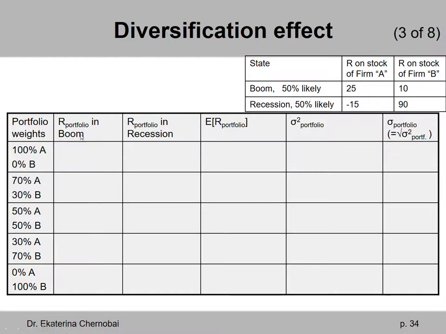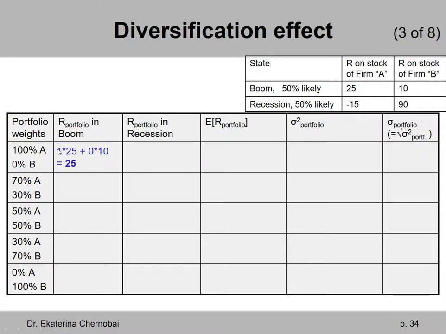Okay, how would we fill out the top left cell in this table? Return of the portfolio in the boom state. If it's just A and we're just looking at the boom state, then it's just 25%. But more generally, we would be using the weights. So in decimals, 100% is 1 and 0% is 0.